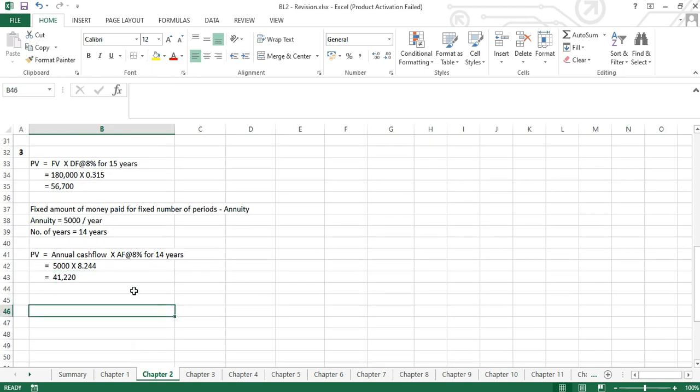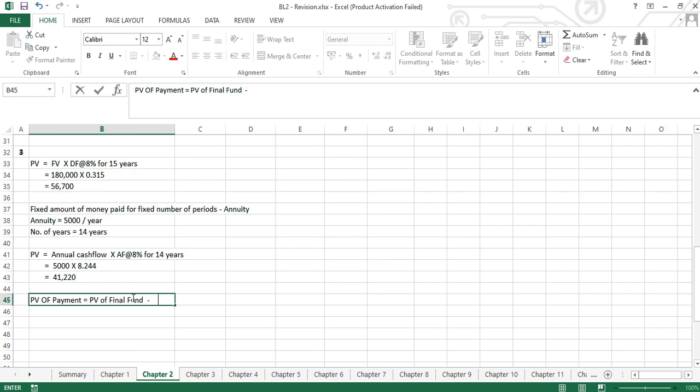So first, get the present value of the payment: it will be the present value of the final fund minus the present value of the annuity payments, the monthly payment that you made.